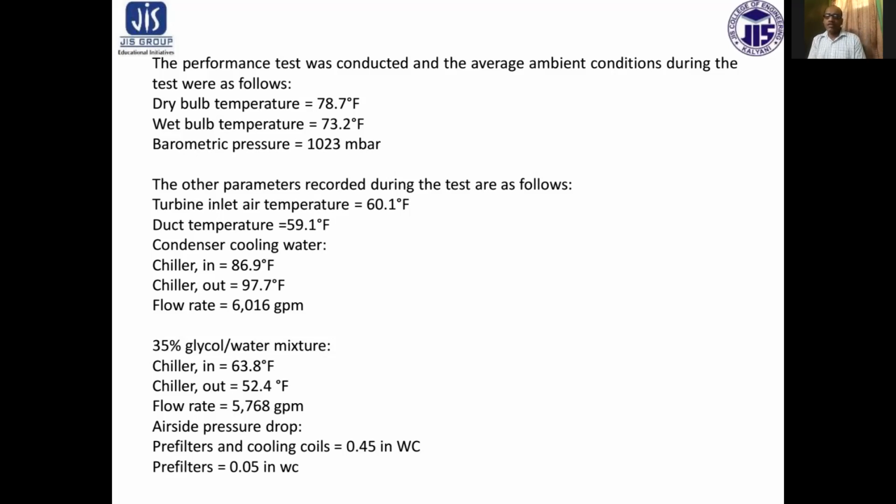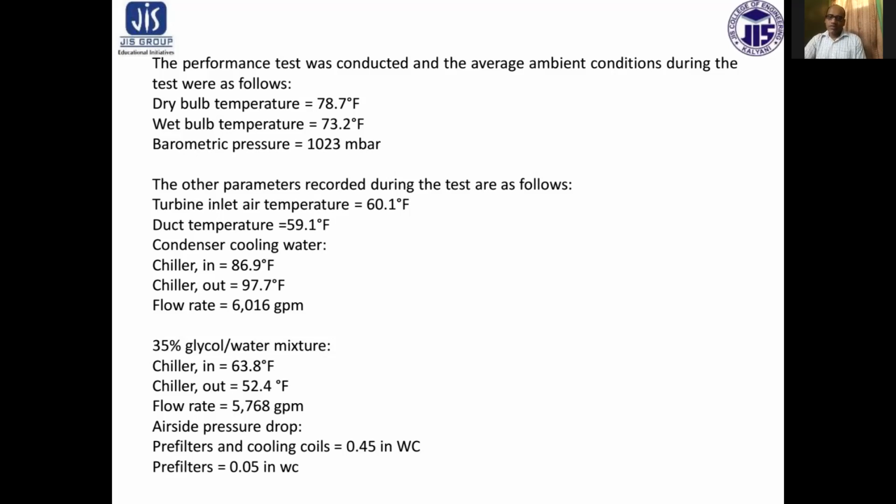The other parameters recorded during the test are as follows: turbine inlet air temperature 60.1 degrees Fahrenheit, duct temperature 59.1 degrees Fahrenheit, condenser cooling tower chiller in 86.9 degrees Fahrenheit, chiller out 97.7 degrees Fahrenheit, and flow rate 6016 GPM, that is gallons per minute.